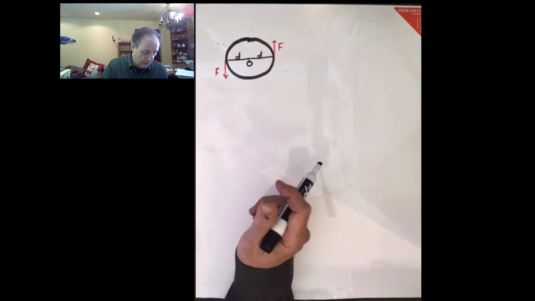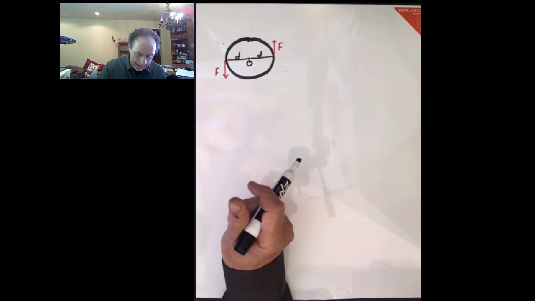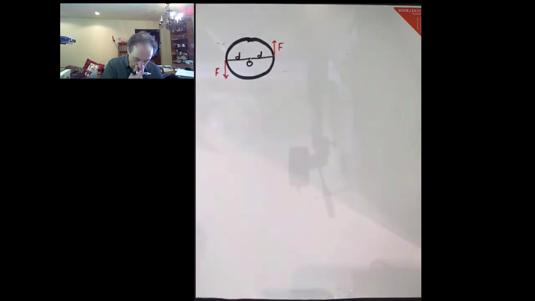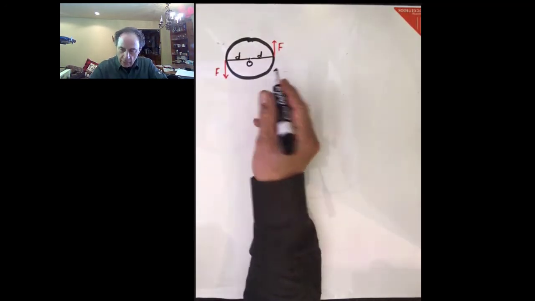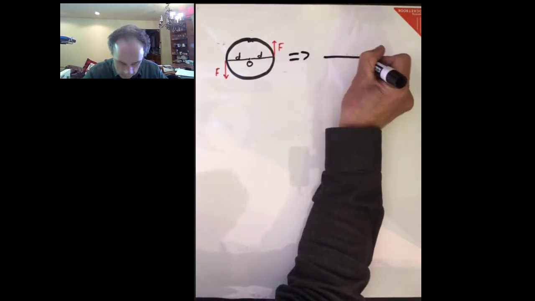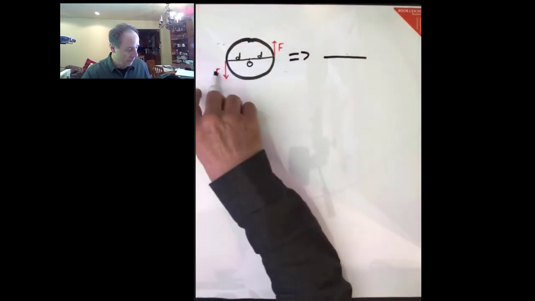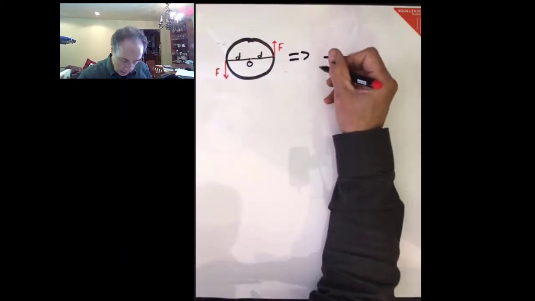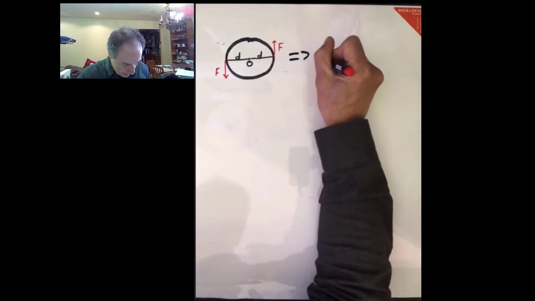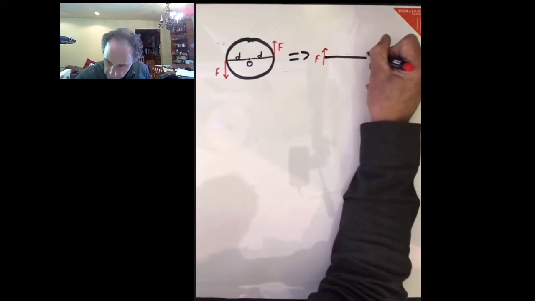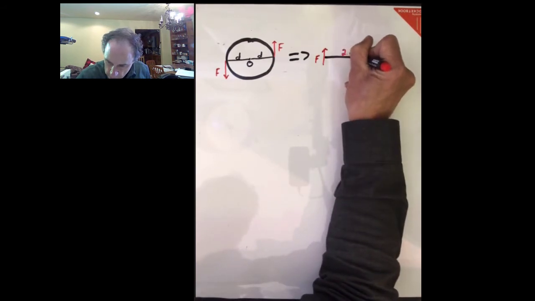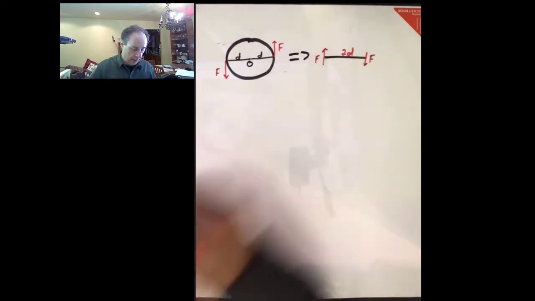So a large wheel provides a large moment arm and provides more torque. So if we're to simplify this down, what you have is a force here, and a force here, and 2d separating them.